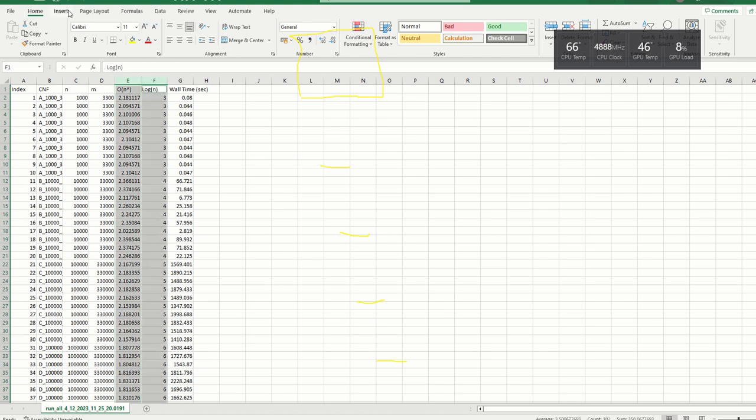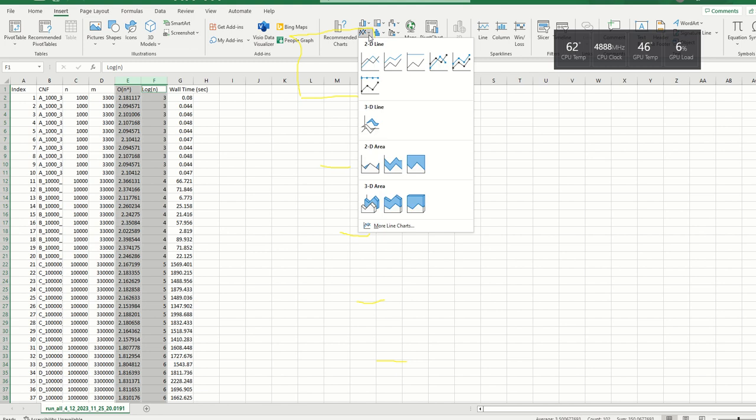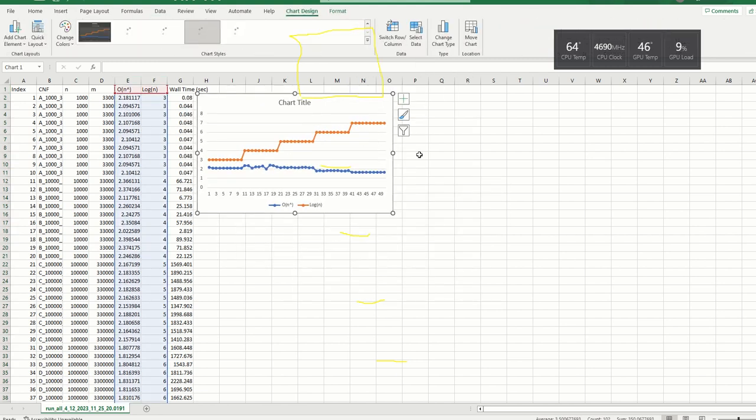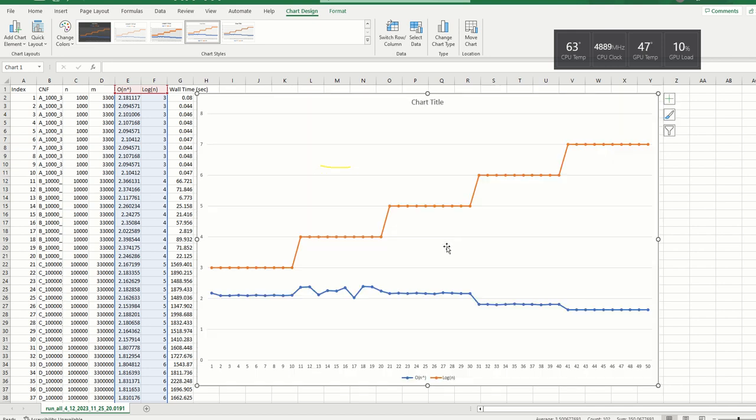And let's insert a chart and see how this actually looked. Okay, let me first wipe this out, since it's been here since my last intervention. Okay, so this is how things went.